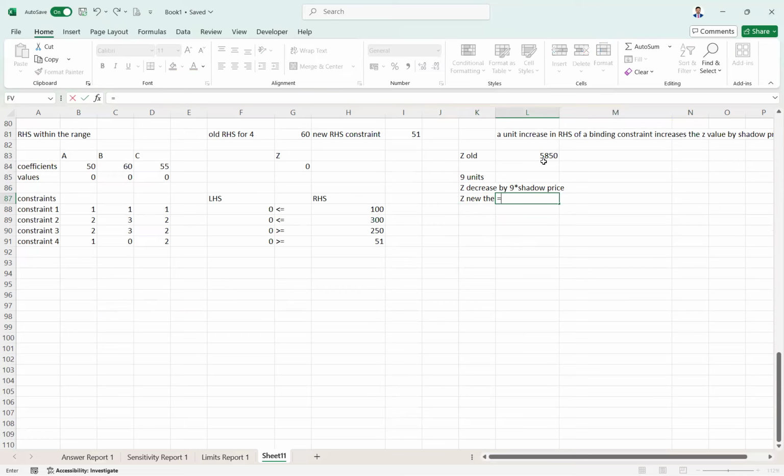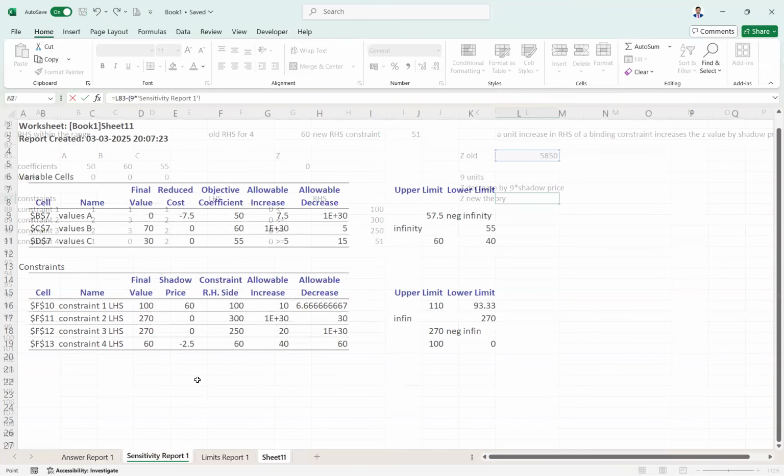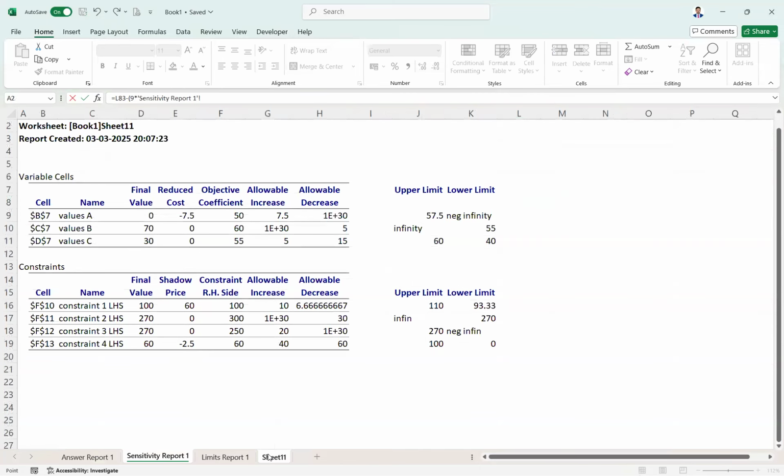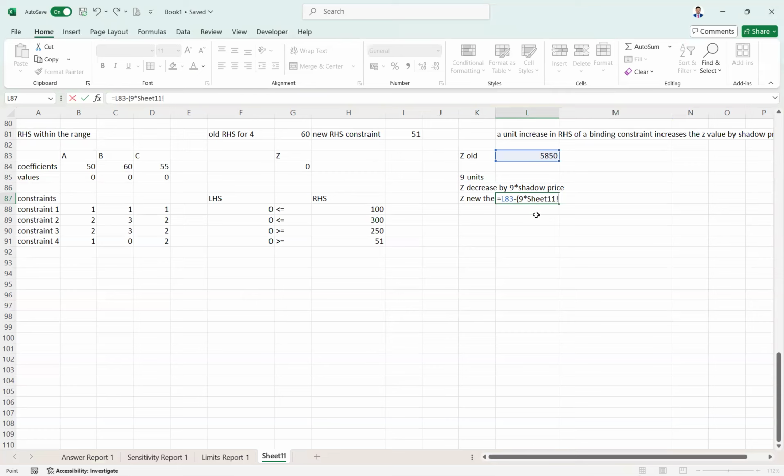Z new is equal to 5850 minus 9 units into the shadow price, which is minus 2.5. So minus of minus 2.5. Minus of minus, so Z will actually increase. Right?